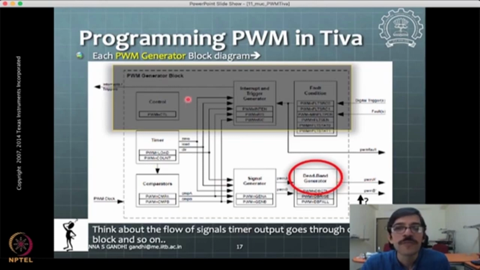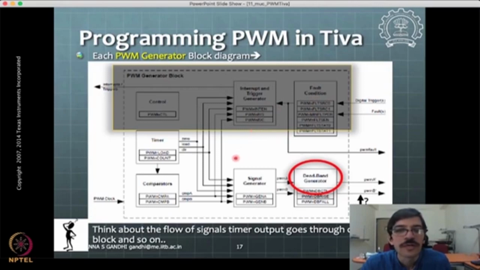So this particular part we will not get into in more detail here. There are some things which we probably may not need to use, but you can go through the data sheet and understand a little bit how the control and the interrupts in PWM work. The fault conditions can also be displayed.